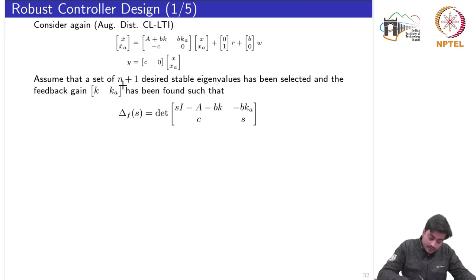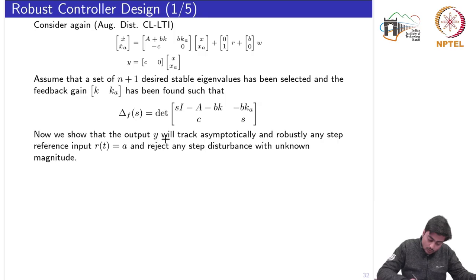So for example, we have computed where we need to place the desired eigenvalues, and that would be n plus 1 eigenvalues. Now using the state feedback, we can also compute the characteristic polynomial of the closed loop, which is nothing but det(sI minus this matrix), and the I matrix would be of n plus 1 dimension.